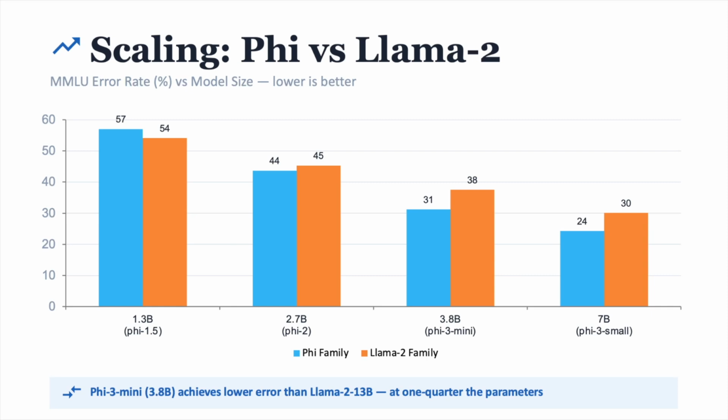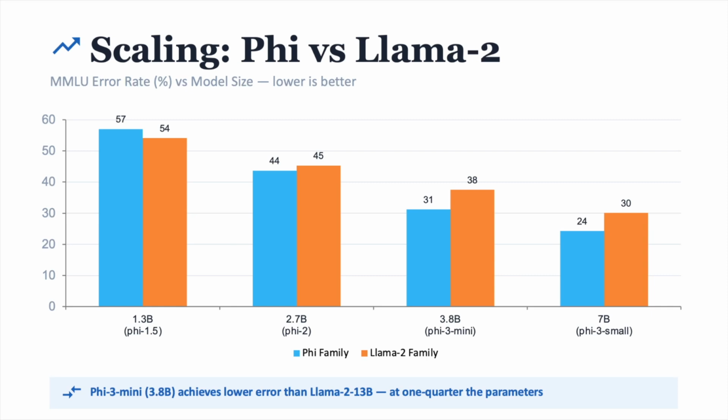Phi-3 Small at 7 billion parameters also outperforms Llama 2-70B. What makes this especially interesting is that the two model families come from a broadly similar architectural lineage.